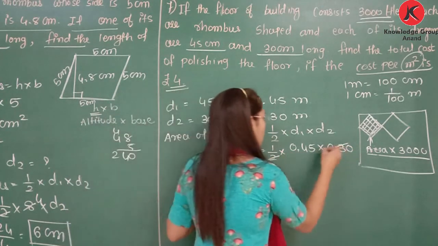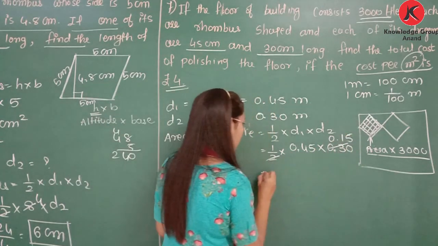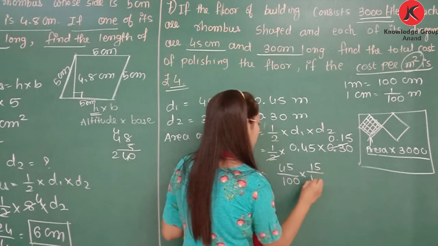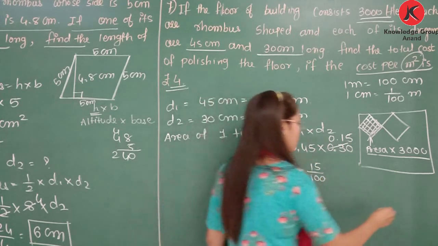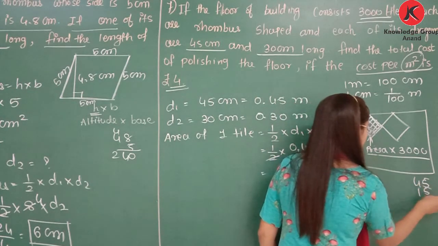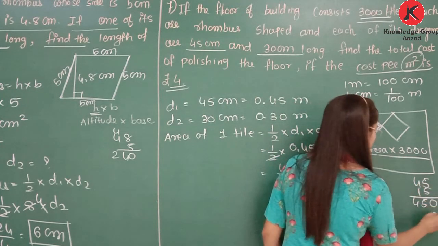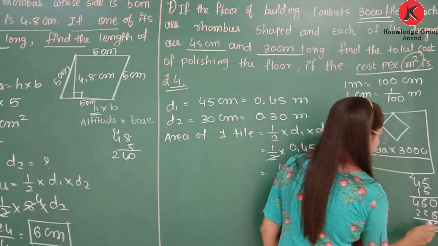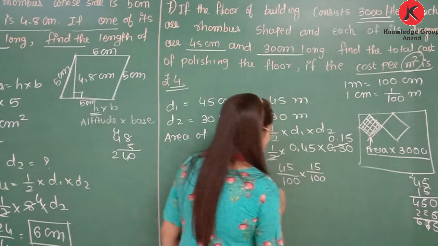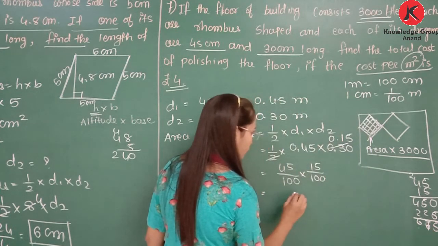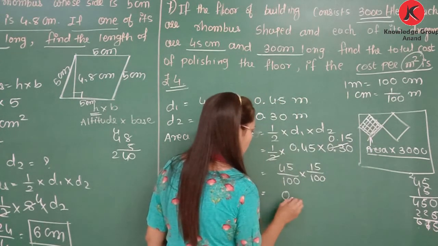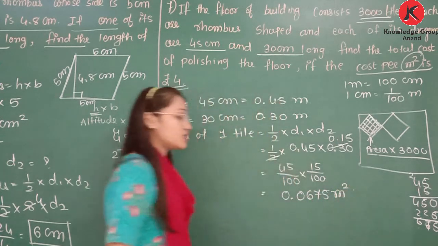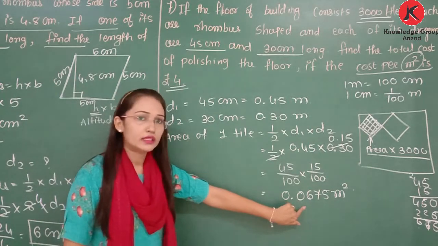So that is 45 by 100 and 30 divided by 100, multiply 45 by 15. So it is 0.0675 meter square. This is the area of one tile.